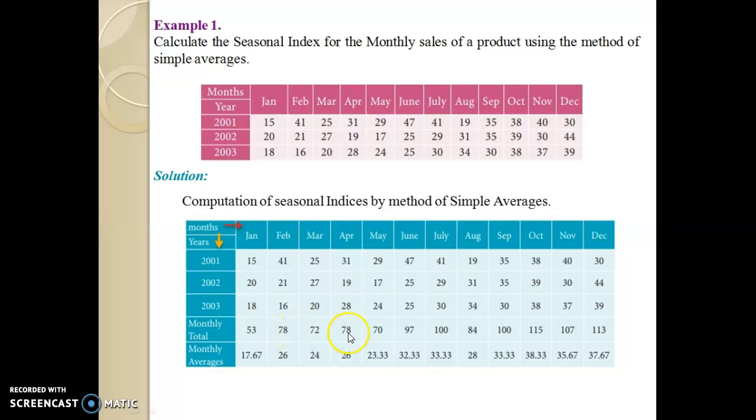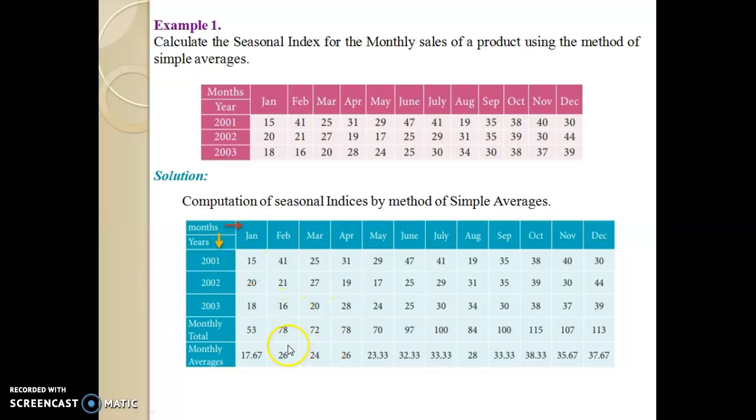Similarly, we calculate the other months up to December, and then we calculate the monthly averages. 53 divided by these 3 years is equal to 17.67.